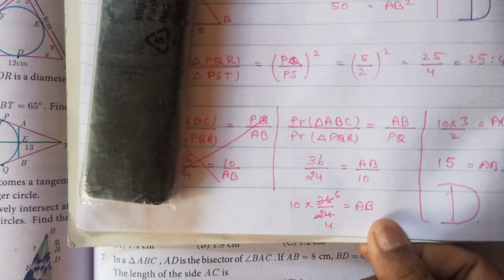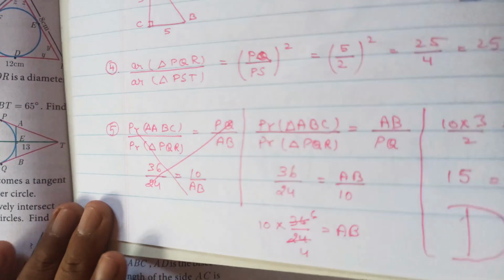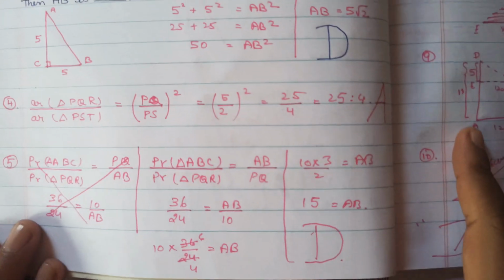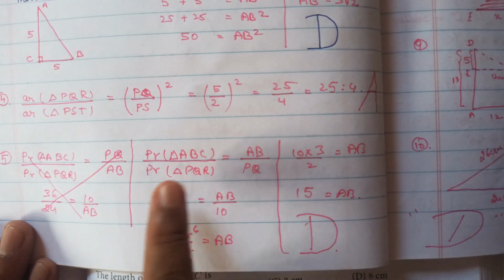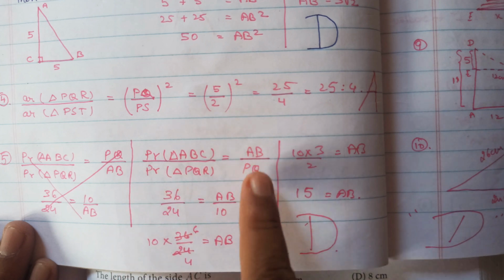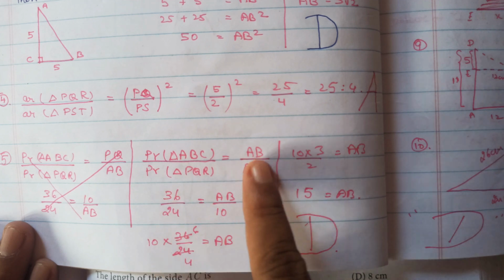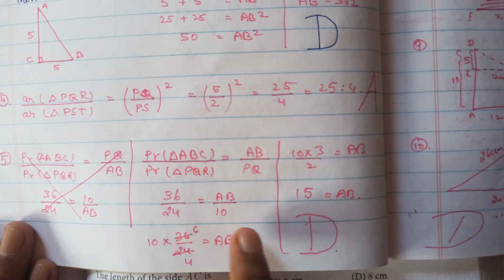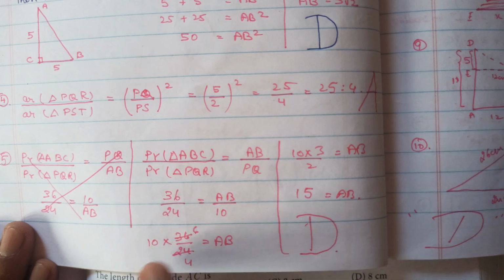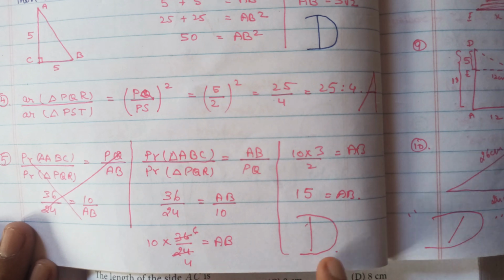According to the third condition, perimeter of triangle ABC by perimeter of triangle PQR is equal to AB by PQ. So the perimeters are given as 36 and 24, AB is as it is, PQ is 10. We cross multiply, it becomes 10 into 3 by 2. Again we cancel, it becomes 15. Hence AB is equal to 15 cm. Option for that is D.